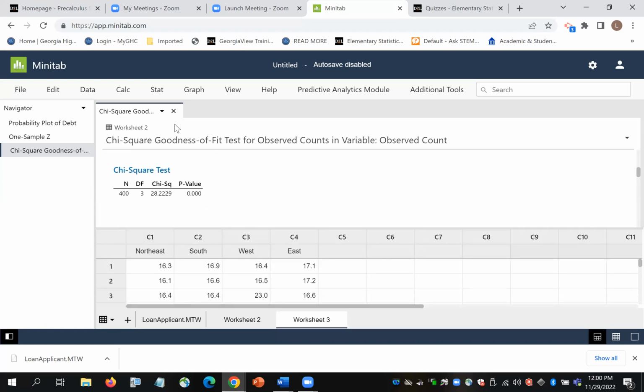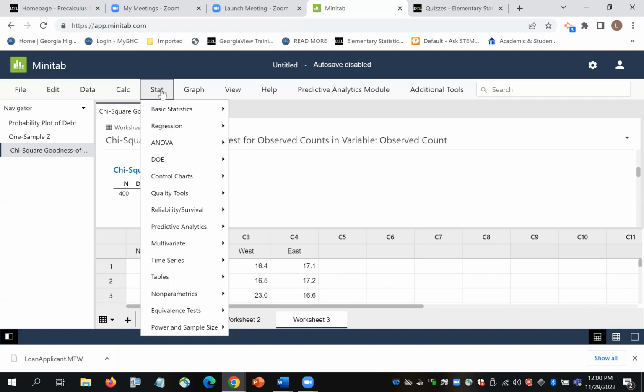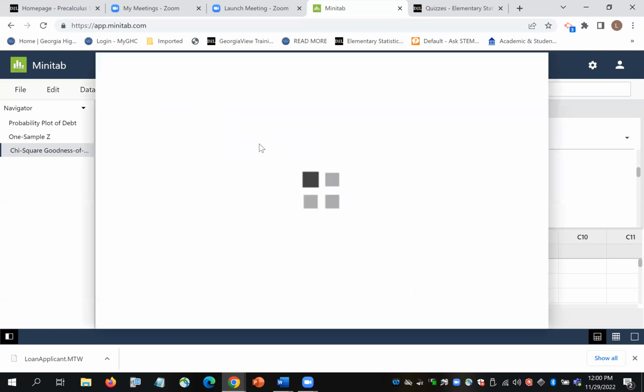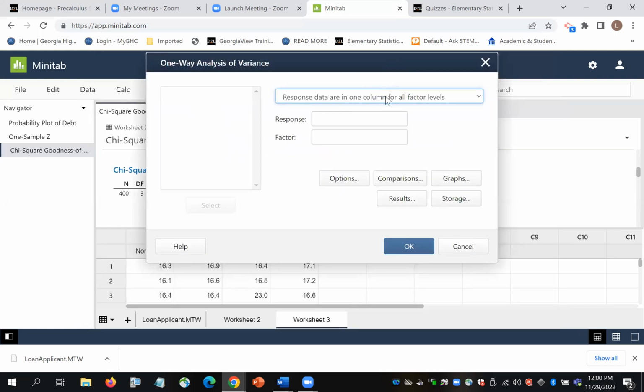Again, if you don't remember the keystrokes, you can find those in D2L under the Minitab instructions folder. But we go Stat, Anova, One Way. Our data is in separate columns.